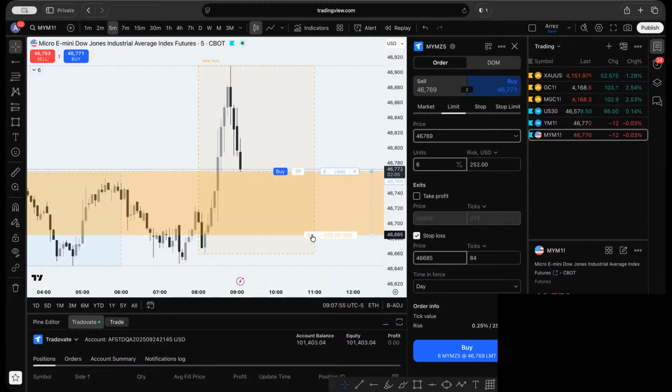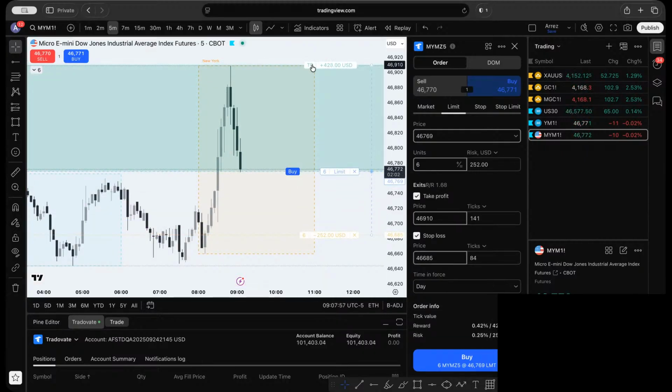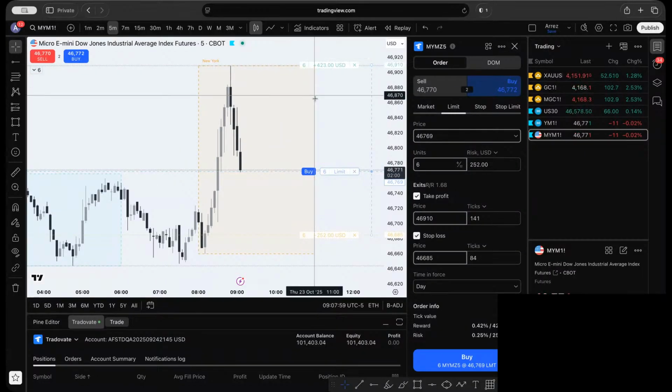So this is the area where we would buy from.